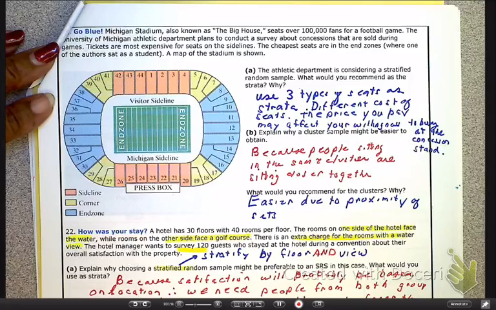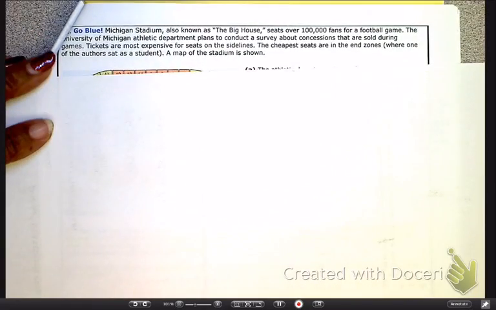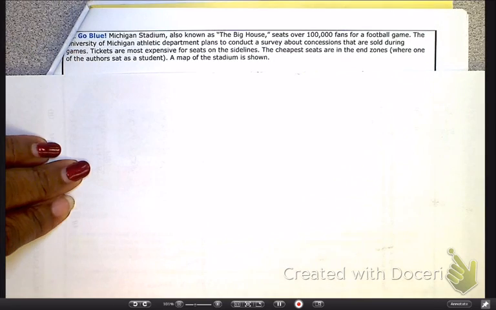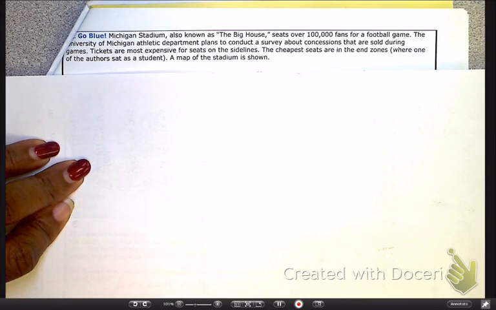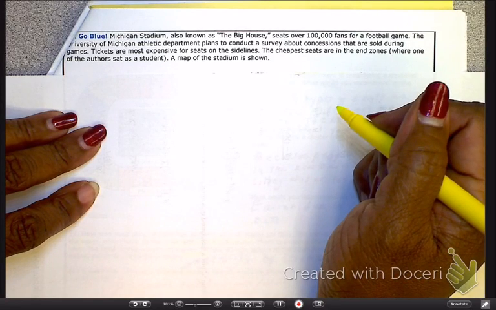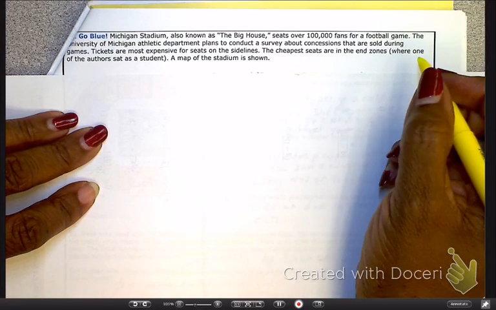Turn to page 7 of your notes and take a moment to read this. Now, when you look here, we have the cheap seats are at the end zones.